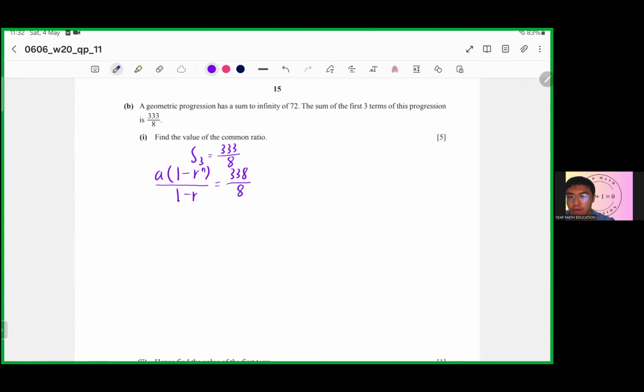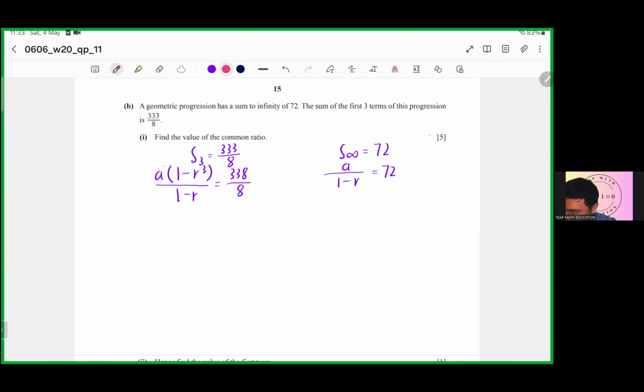Okay, we are using this formula. Why are we using this formula? First, because this geometric progression has a sum to infinity. If you want to use this formula, make sure the common ratio is less than 1. Actually this common ratio is within this range, so we can just use it. And then the sum to infinity equals 72, A over 1 minus r equals 72.